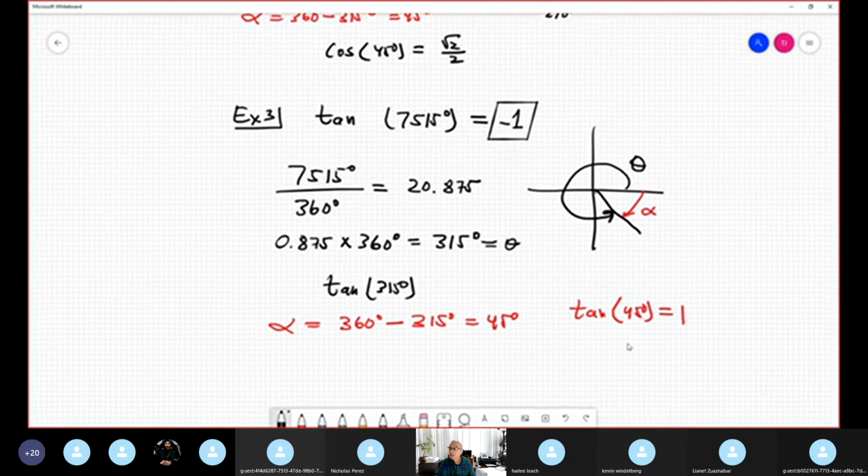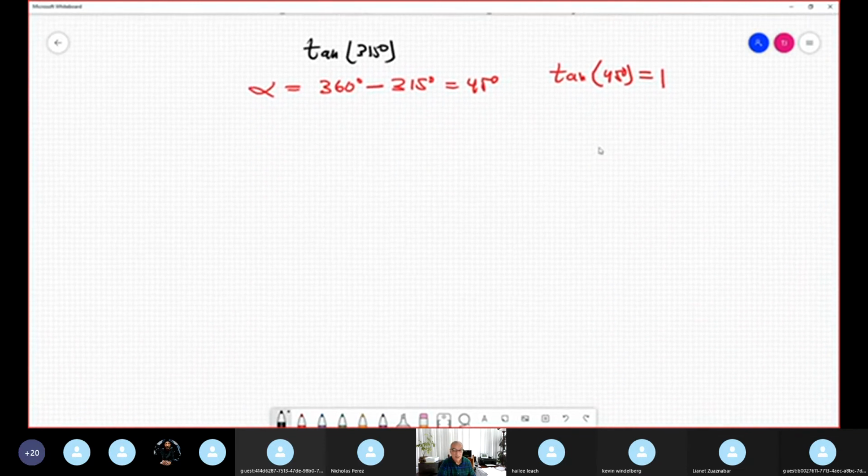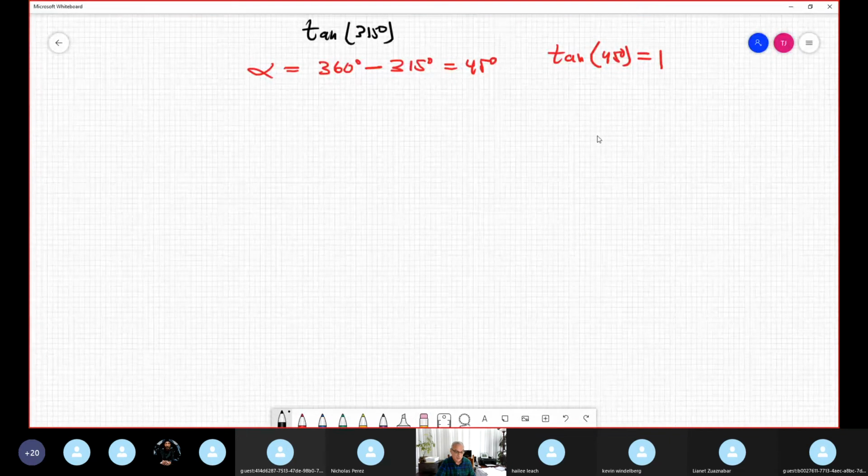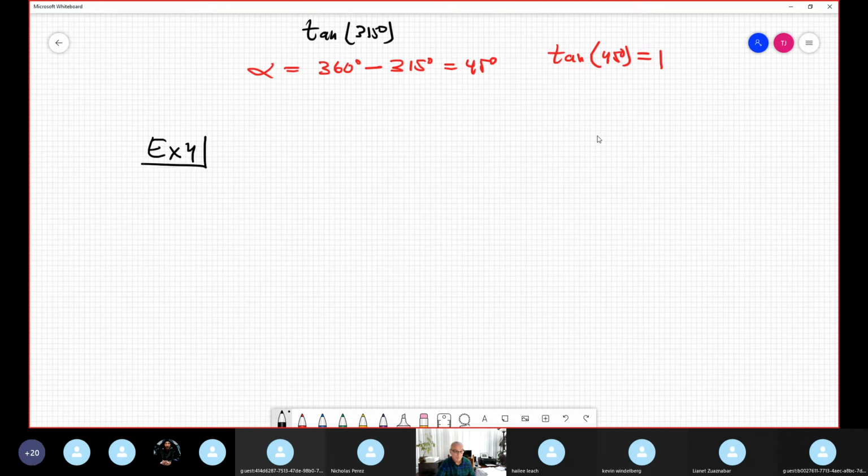Okay, let's practice a little bit in radians. Suppose example 4, no? Suppose secant 11 pi over 4.